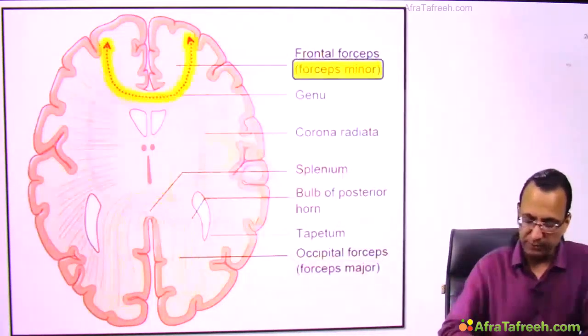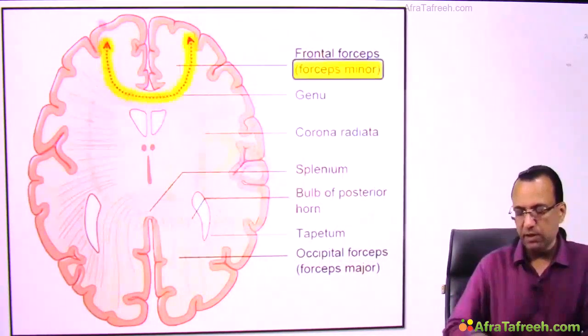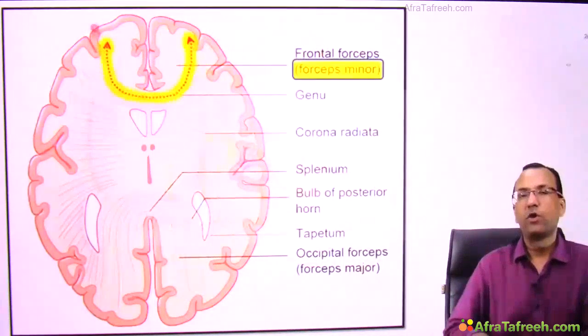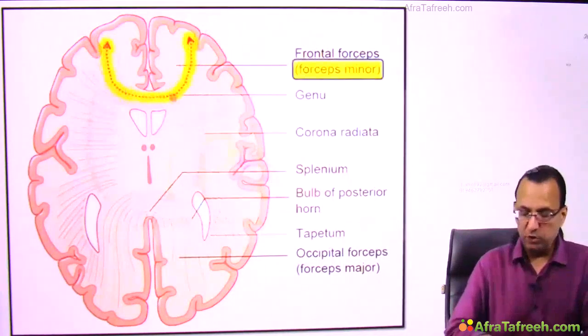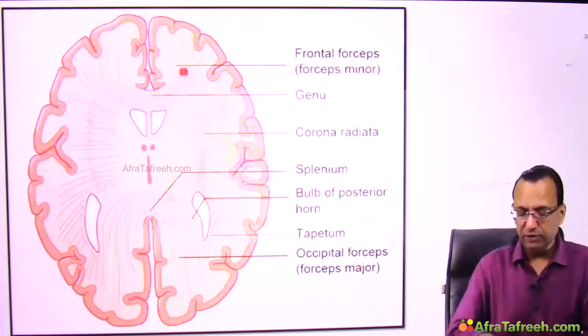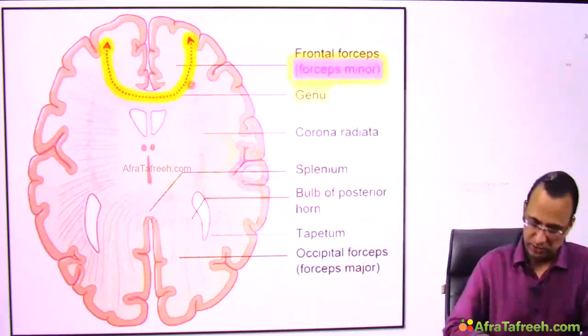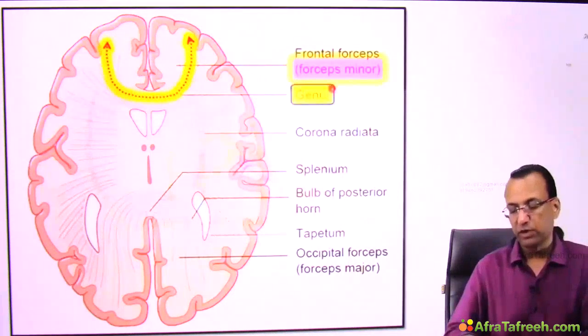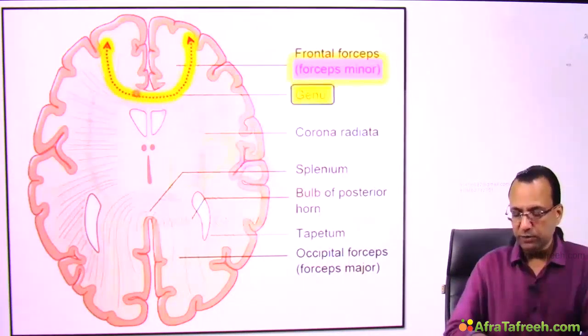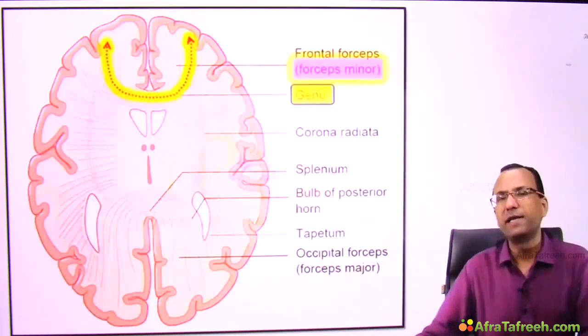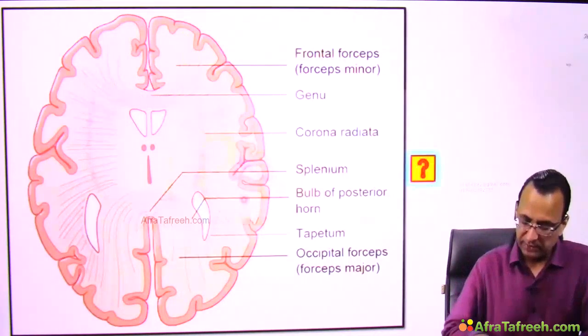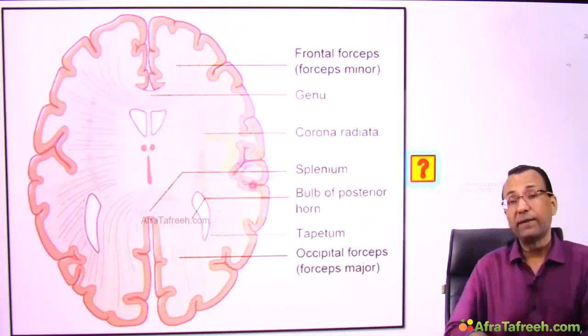Now you have forceps minor. What is forceps minor connecting? The frontal lobe on the right side and left side. So when you connect the frontal lobe on the right and left side, the forceps minor, the axons are found in the genu part of corpus callosum. And how do I connect the parietal with parietal or the temporal with temporal?